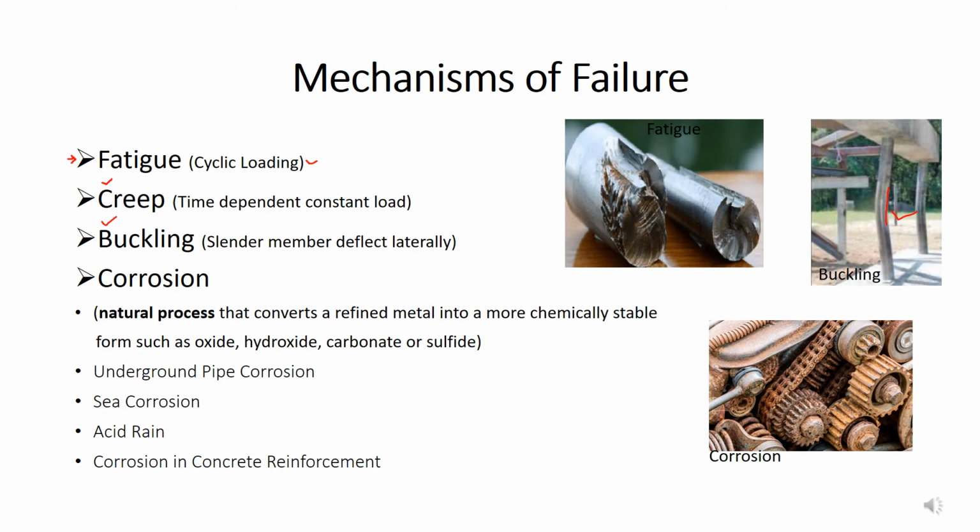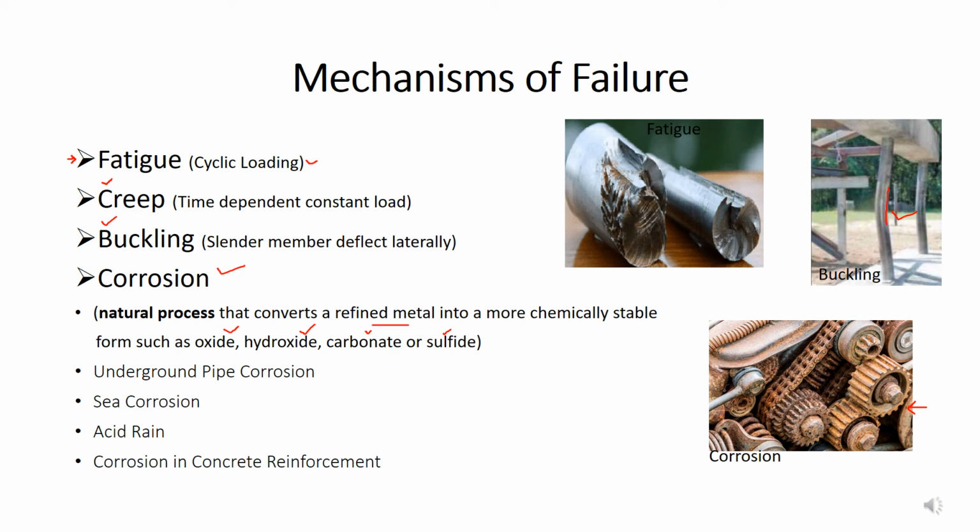Then there's corrosion, which we are all aware of, a natural process which converts the refined metal into more chemically stable forms, such as its oxides, hydroxides, carbonates, or sulfides in some cases. Here you can see this gear assembly which has been subjected to corrosion, and if any component is subjected to corrosion, then it will obviously interfere with its proper functioning.